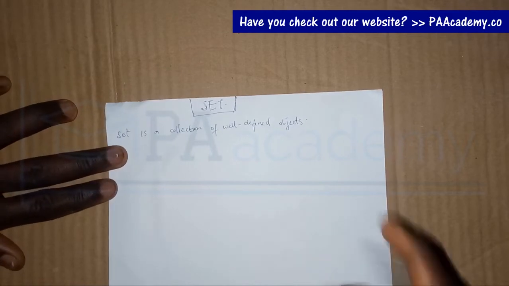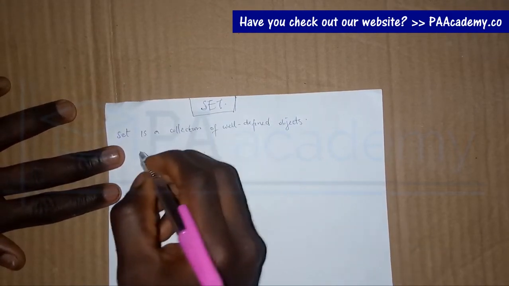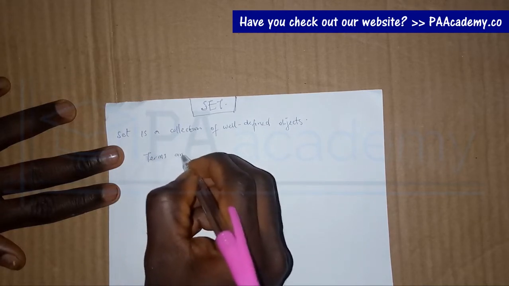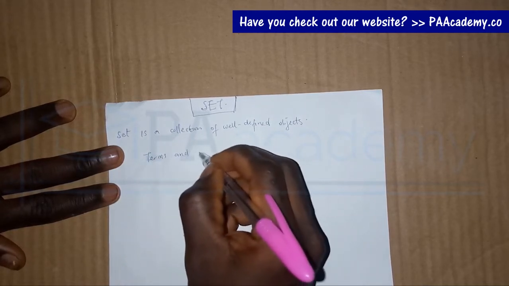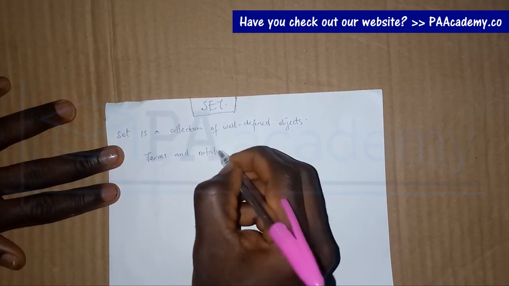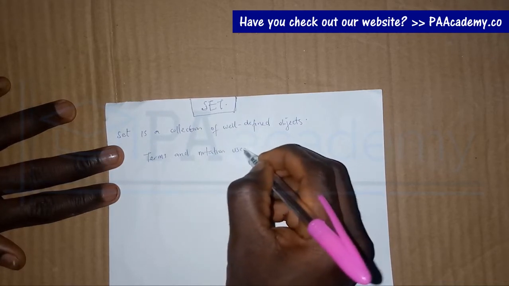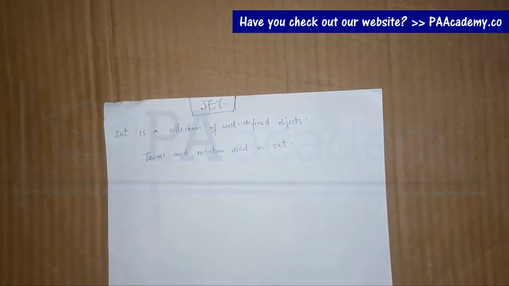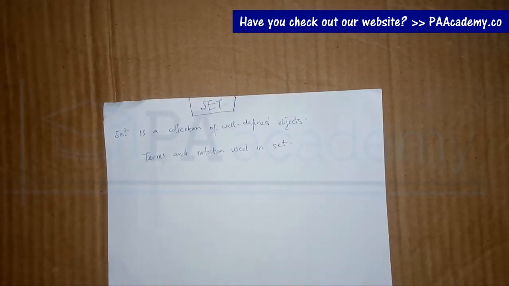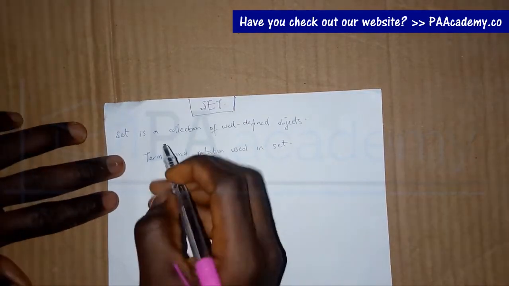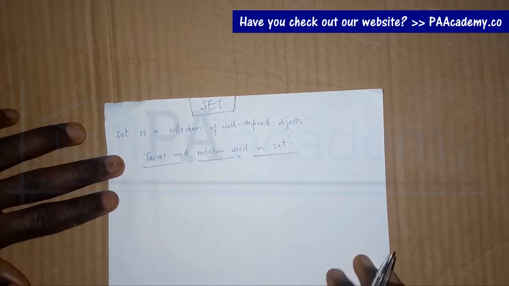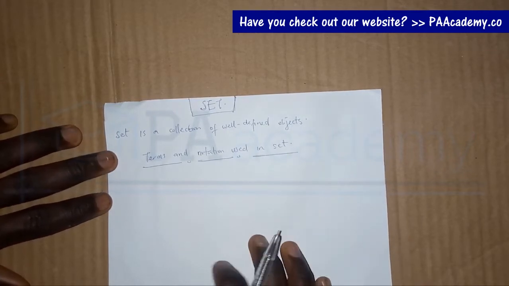Now what I want us to look at is some of the terms and notations used in sets. If you come across any question on sets, there are certain terms that you definitely need to know so that you can answer questions on sets.